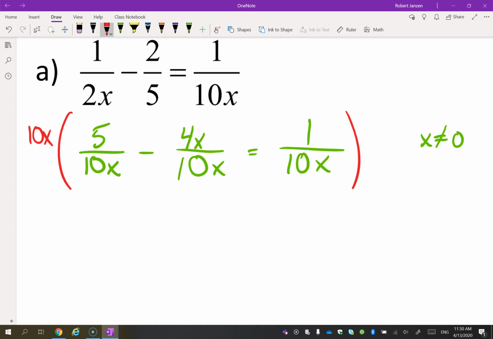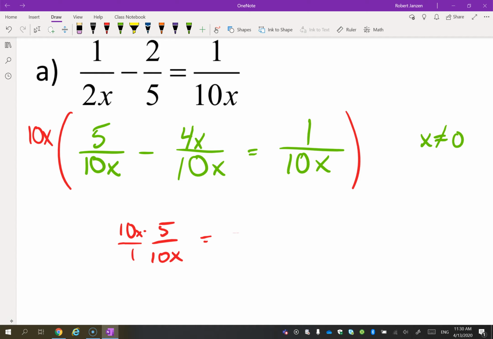And the reason I do that is it's going to cancel all my denominators. Very quickly, let's just talk about why. What happens if I multiply 10x times 5 over 10x? Well, you could actually multiply this and you'd get 50x over 10x, and then you'd simplify and you get 5.